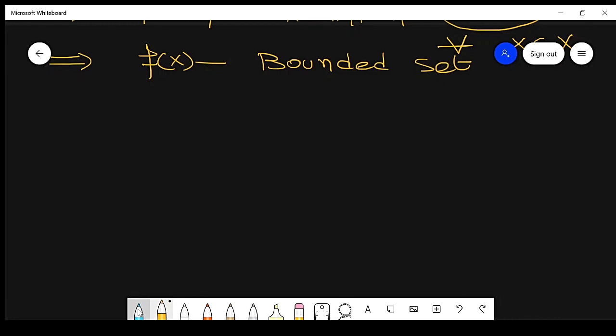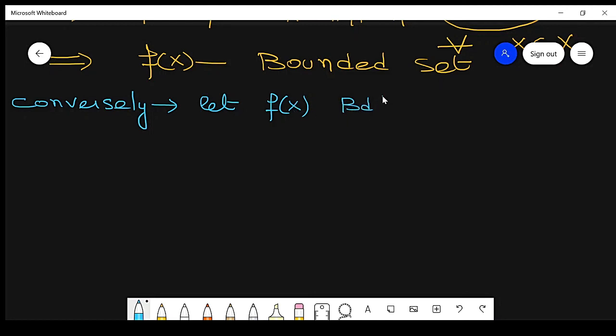Now the converse part. Conversely, let f of X, the image of X, be a bounded set for every f belongs to N star. My aim is to prove that X is bounded.